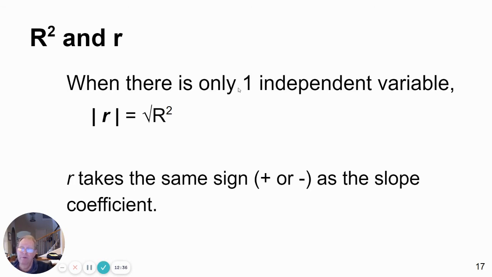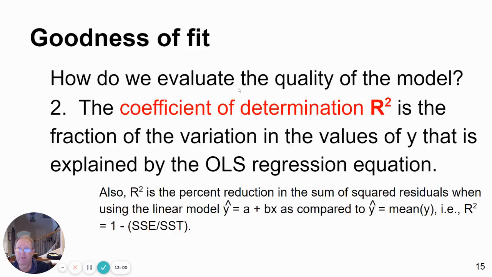What is the relationship between my coefficient of determination R squared and my correlation coefficient R? When there is only one independent variable, the absolute value of R is equal to the square root of R squared. So we might give you the R squared. The computer output would generate the R squared. Let me just go back and see here.